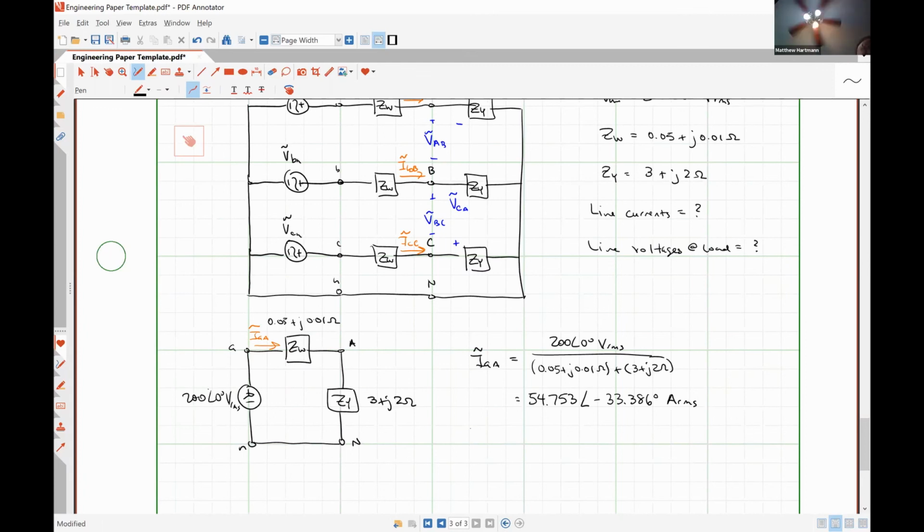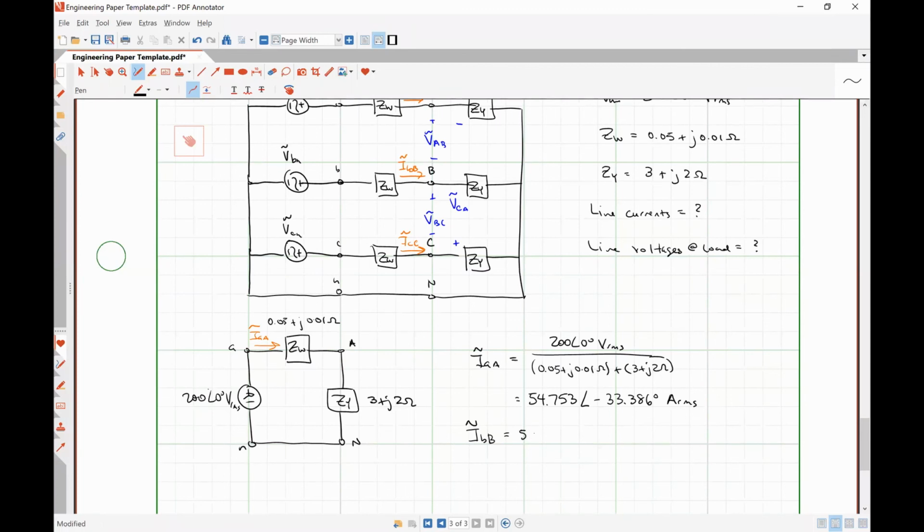So if we wanted IBB, because we're asked for all of our line currents, do I need to do any circuit analysis whatsoever? No. I can take IAA, I can subtract 120 degrees from the phase angle, and I have the correct answer 100% of the time.